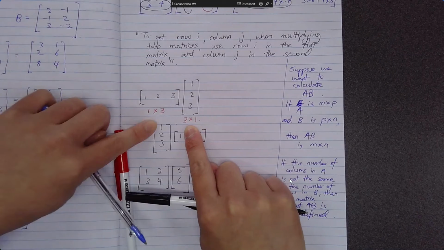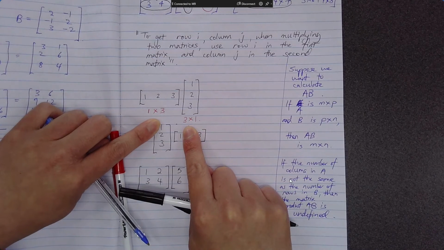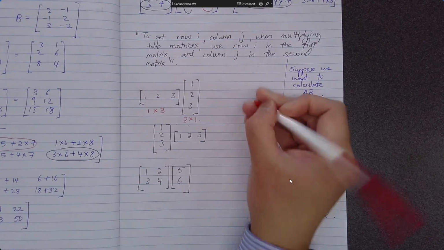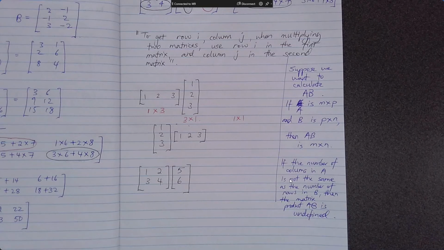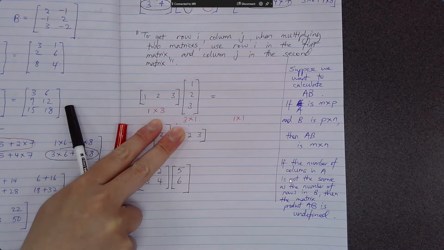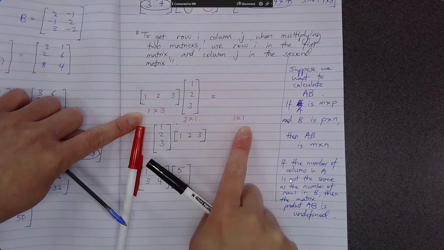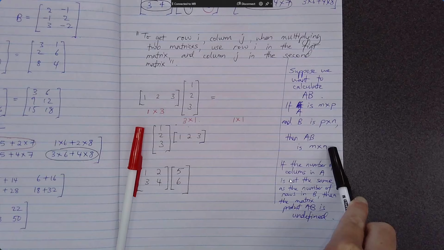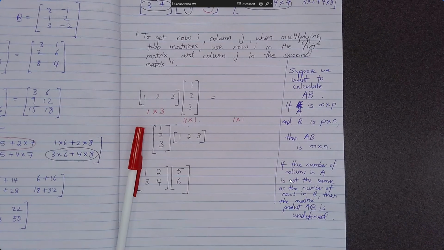So if the inside numbers are the same, you can multiply the two matrices, and your answer is going to be, in this case, a 1 by 1 matrix. The matrix is only going to have one number. Is that okay? You check whether you can multiply the two matrices by looking at the inside numbers, and then use the outside numbers to determine the order of your answer. Okay? I reckon that's easier than doing that, but they're the same thing.